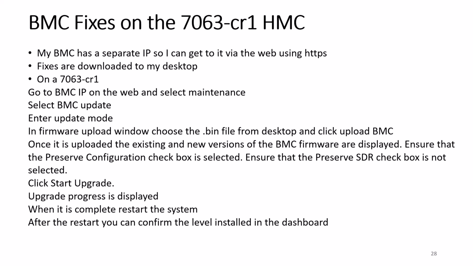I then go down and select the .bin file, which is the BMC code from my desktop, upload it, and it will then show me the existing and new versions. Then I go ahead and start the upgrade, and at the end of it, it will completely restart the system. After the restart, you can confirm the level that's installed by looking at the dashboard.